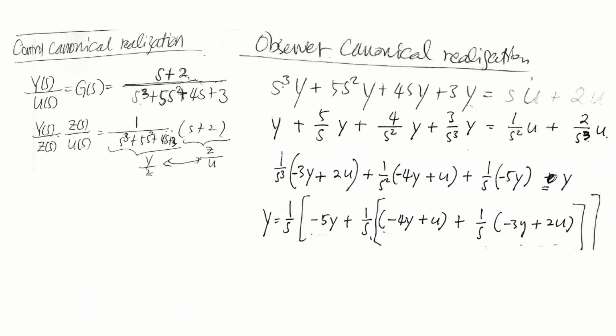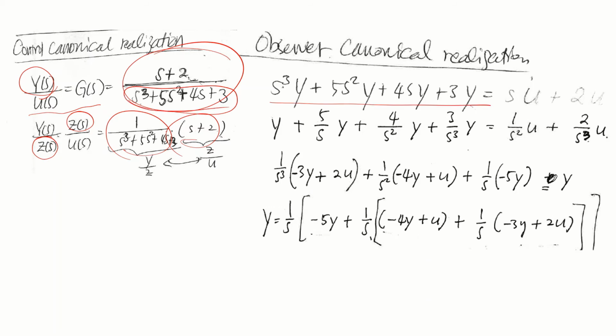Now we are looking at observer canonical realizations for these same transfer functions. Previously we used some intermediate variable z to split this transfer function into two parts. But now we directly multiply y and the denominator of the transfer function to get the left hand side, and we multiply u and the numerator of the transfer function to get the right hand side.